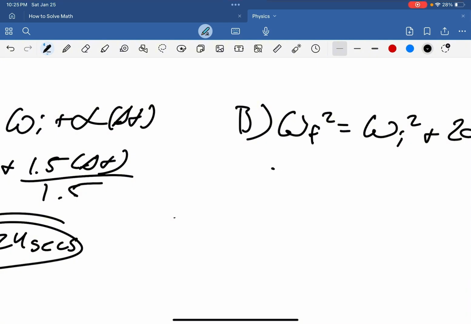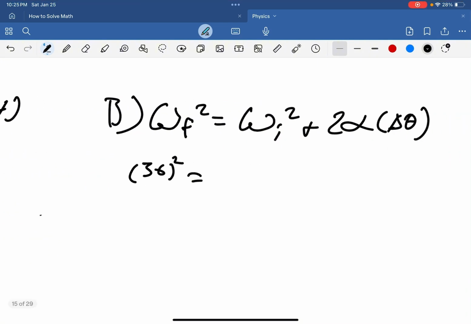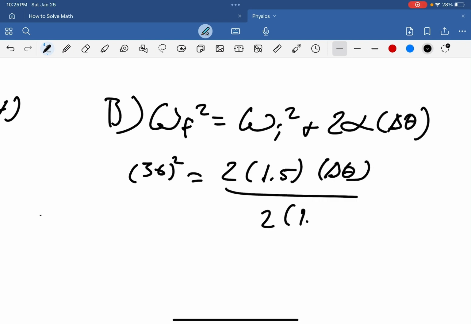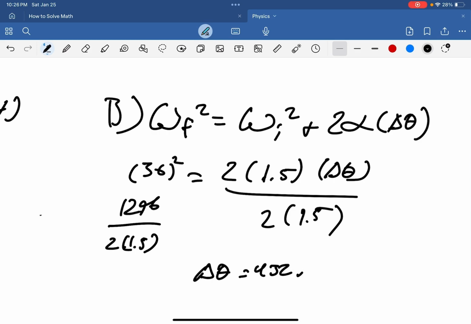So 36 squared is equal to, and 0 squared is just 0, 2 times 1.5 times change in theta. Let's divide by 2 times 1.5. 36 squared is going to be 1296. Divide this by 2 times 1.5, which is just 3. Change in theta should equal 432 radians.